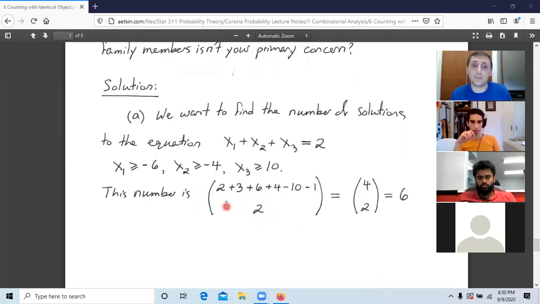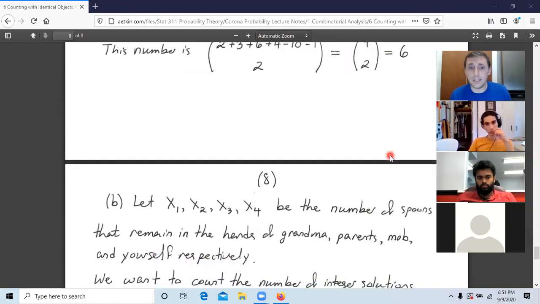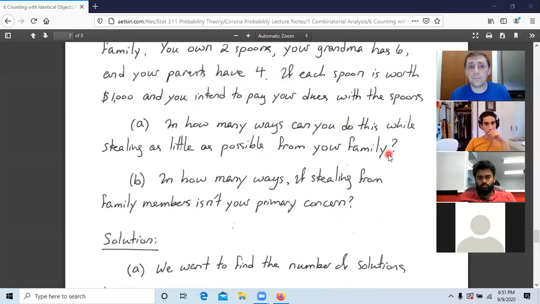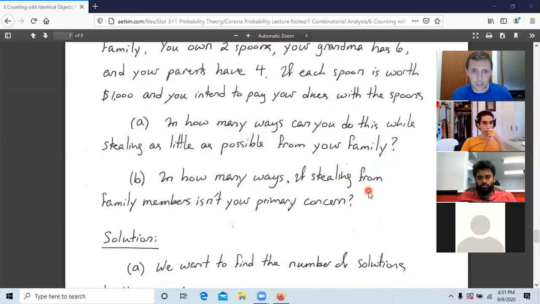So what that amounts to, according to my formula, is this, right? It's 2 plus 3, the 3 comes from this category, plus 6 plus 4 minus 10, and then I put minus 1, and then I put the category minus 1, which is sub 2. So it's 4 choose 2. There are 6 possibilities.